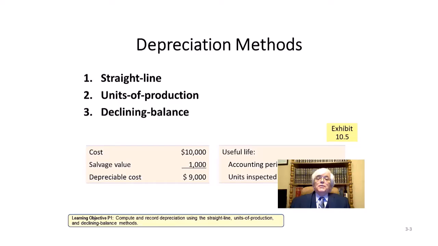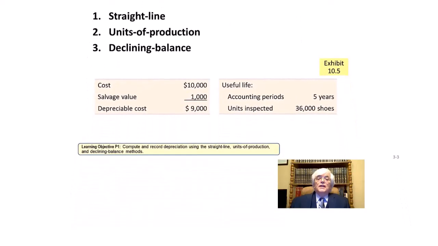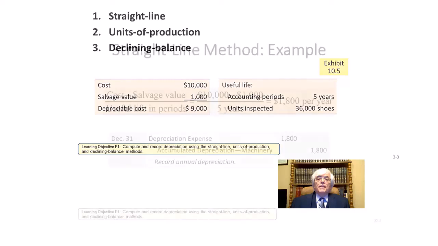The asset depreciated in the textbook example has the following characteristics. The cost is $10,000. The expected salvage value is $1,000. That leaves a depreciable cost of $9,000. The expected life of the asset is 5 years and 36,000 units. We'll look at how to depreciate this asset using all three methods.